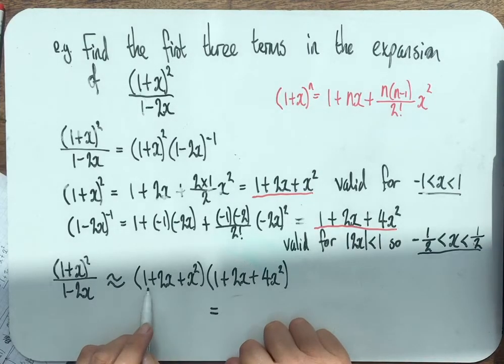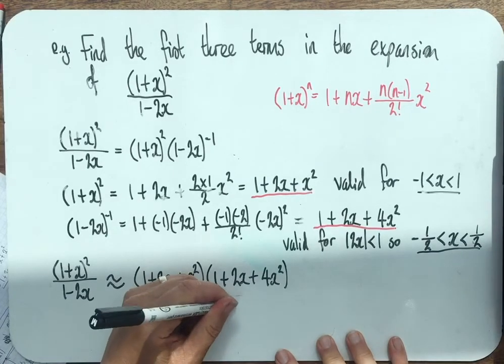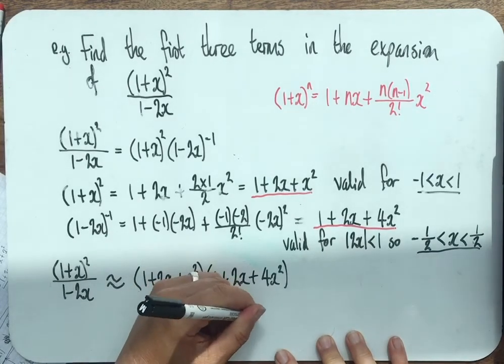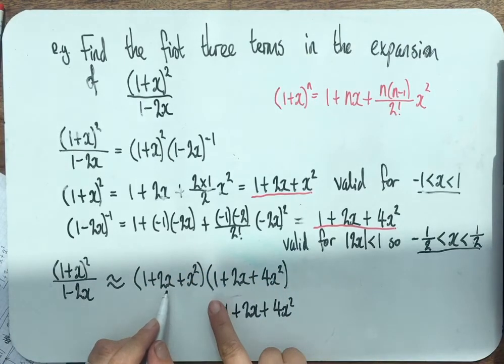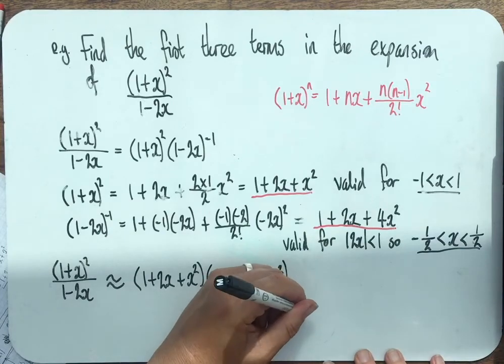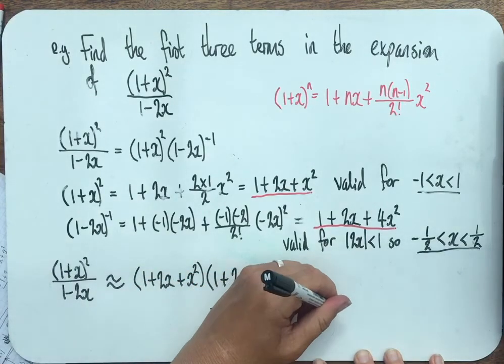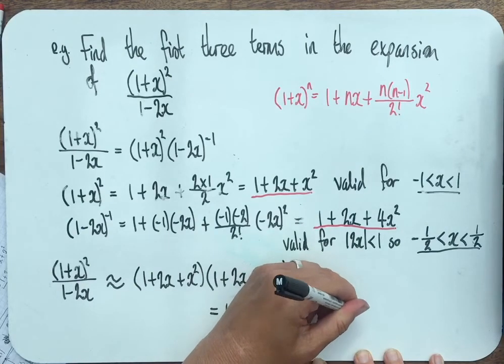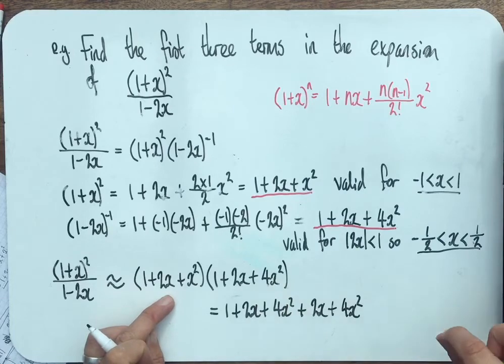So I'm going to start by timesing through all of this by 1. 1 plus 2x plus 4x squared. Then I'm going to times through by 2x, so I get 2x plus 4x squared. But I've ignored the 8x cubed, that's part of the next term along.